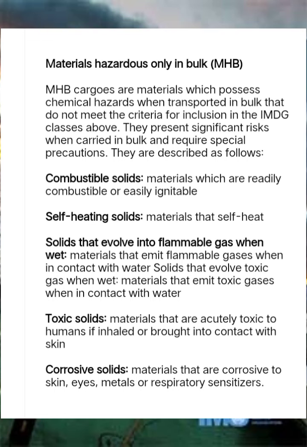Materials hazardous only in bulk, or MHB cargoes, are materials which possess chemical hazards when transported in bulk that do not meet the criteria for inclusion in the IMDG code. MHB cargoes are described as combustible solids, self-heating solids, solids that evolve flammable gas when wet, and toxic and corrosive solids.